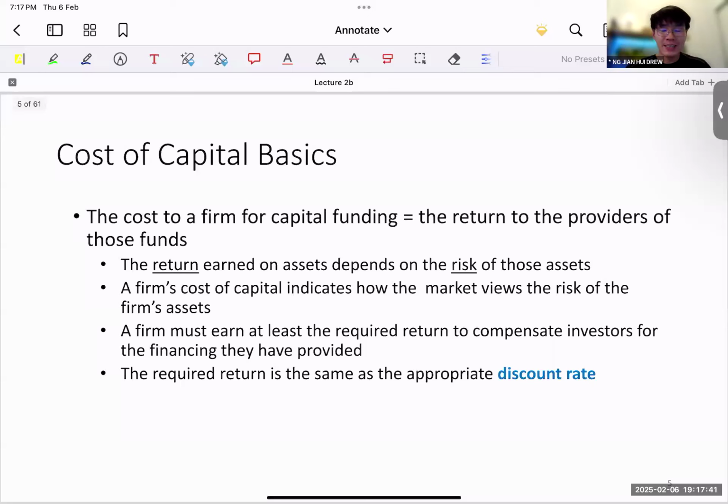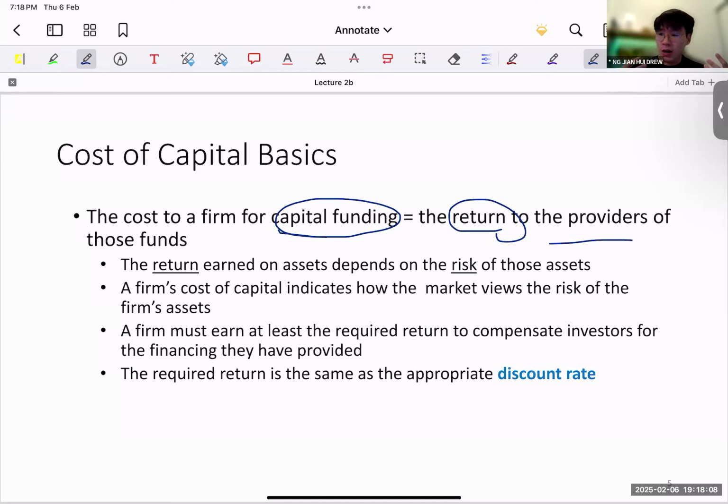Okay. So now let's go to the basics of the cost of capital. Like what you have all mentioned earlier, the cost of capital includes the equity and the debt, right? So it's basically the cost to the firm for capital funding, right? And when you talk about cost, you need to talk about return as well. So this is actually the minimum amount of return that the providers must receive, right?